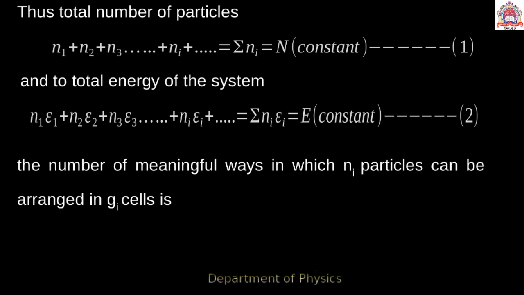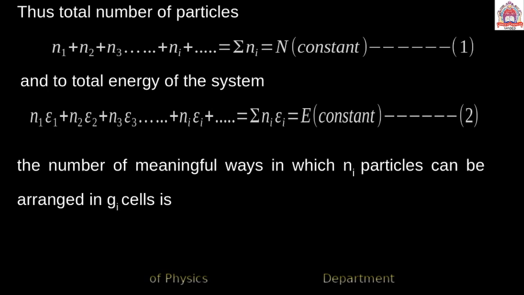Thus the total number of meaningful ways in which Ni particles can be arranged in Gi cells is Gi into (Ni plus Gi minus 1) factorial. But all the particles are identical.